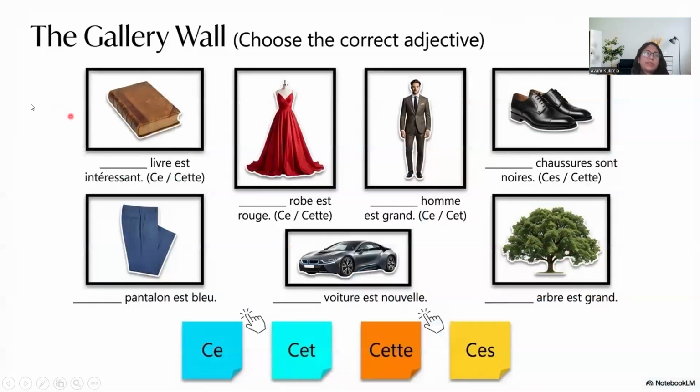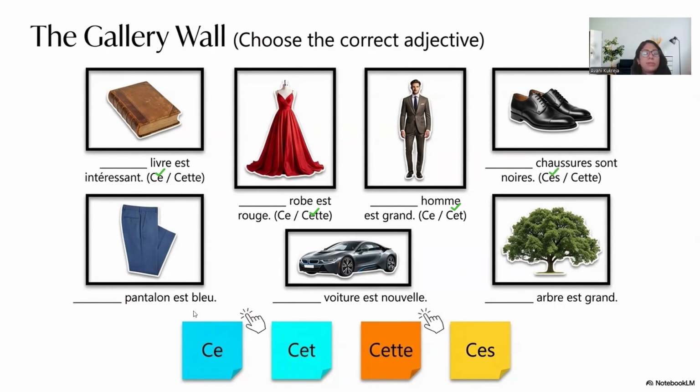Now, let's do this exercise. What will be the answer of the first one? Dash livre est intéressant. Ce livre. Dash robe est rouge. Cette robe. Correct. Dash homme est grand. Cet homme. Very good. Dash chaussures sont noires. Ces chaussures.